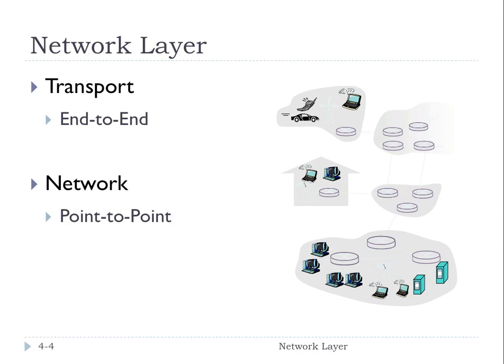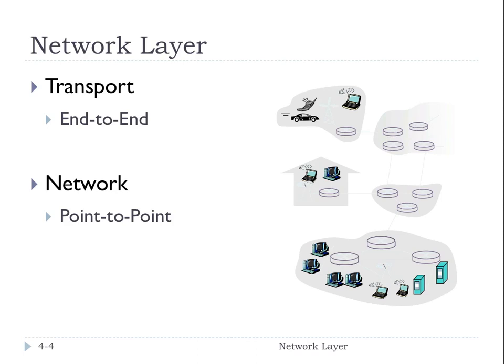First, let's remind ourselves about the network layer and how it compares to the transport layer. Recall that the transport layer is an end-to-end service. The transport layer transmits segments from a sending host to a receiving host over multiple hops. The network layer, though, is a point-to-point kind of layer, and that means that it's concerned about every connection along that path.